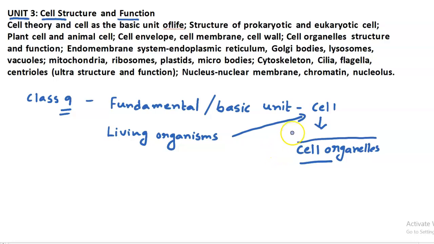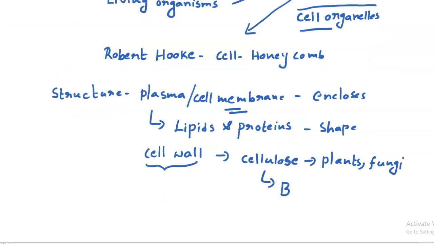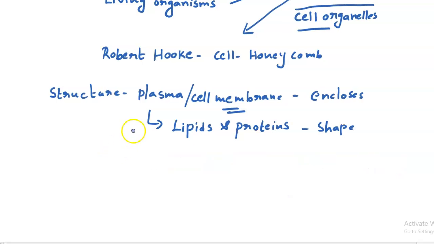In that case, first let us learn about this term cell, which was coined by Robert Hooke. He was the first person who used the term cell to describe the honeycomb structures present in the cork. Now moving to the structures present in the cell, that is the plasma membrane or cell membrane, which encloses the cell.